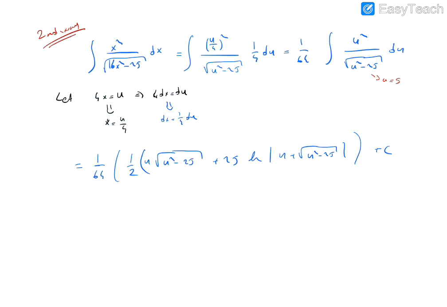Let's check one more time. Okay, that's correct. So this is the answer of this integral, but our variable is x.